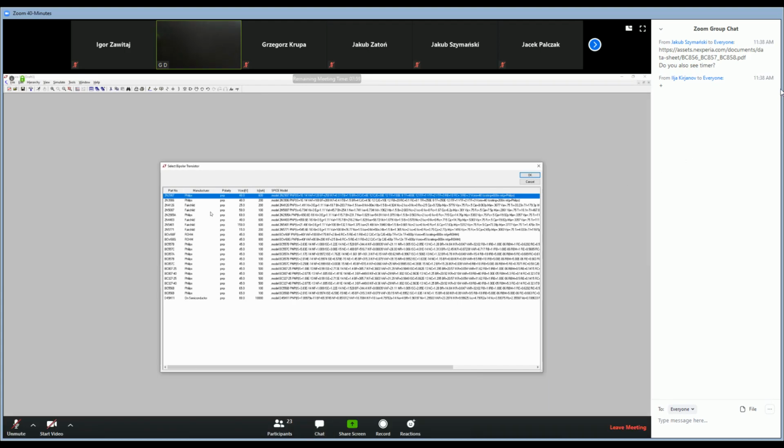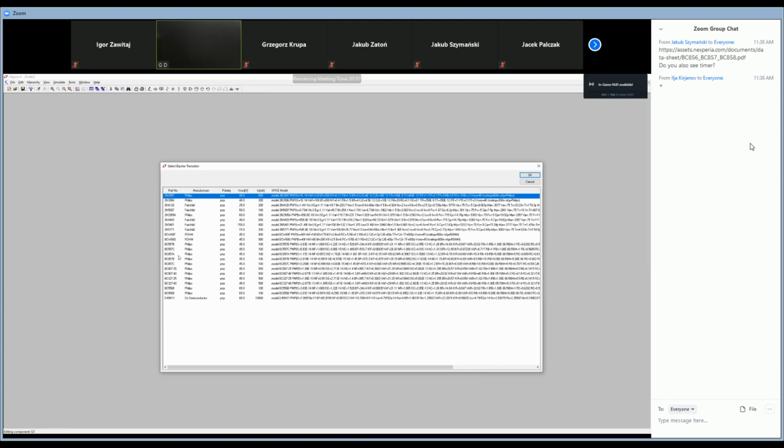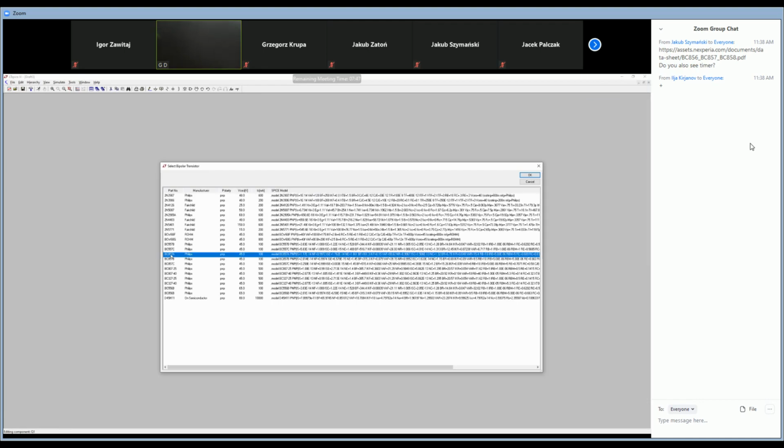If we have to find such a transistor, let's say 857. Okay, I've got it. Look, this is the model of our transistor.